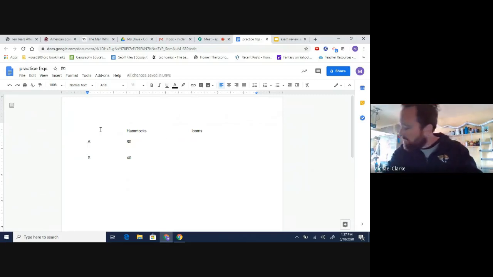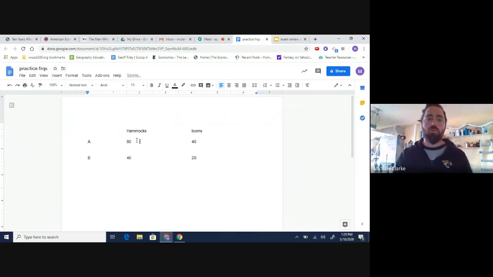Country A can make 40 looms, B 20 looms. Okay. This is showing what these 2 countries are capable of producing. So because of that, this is an output question. Anytime it's showing production.